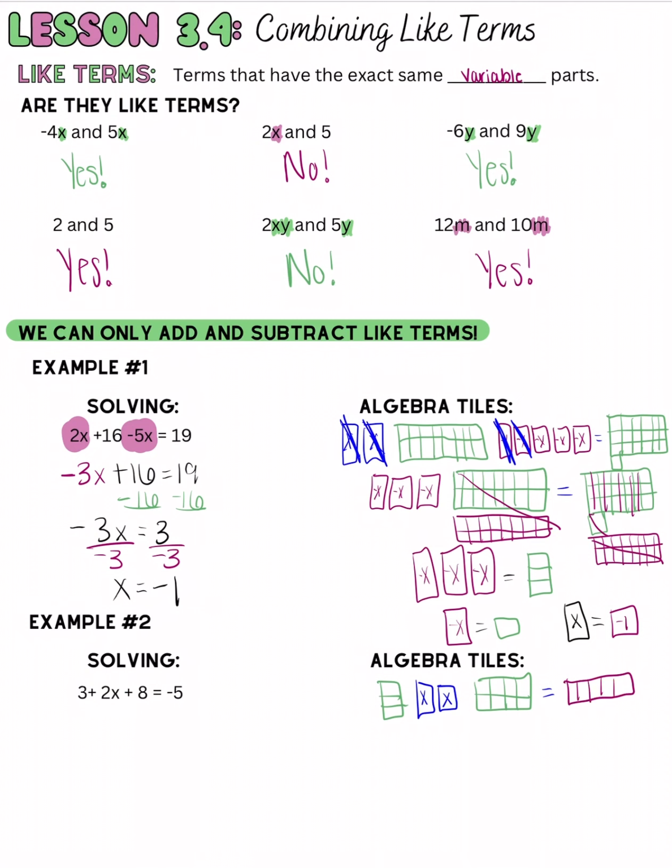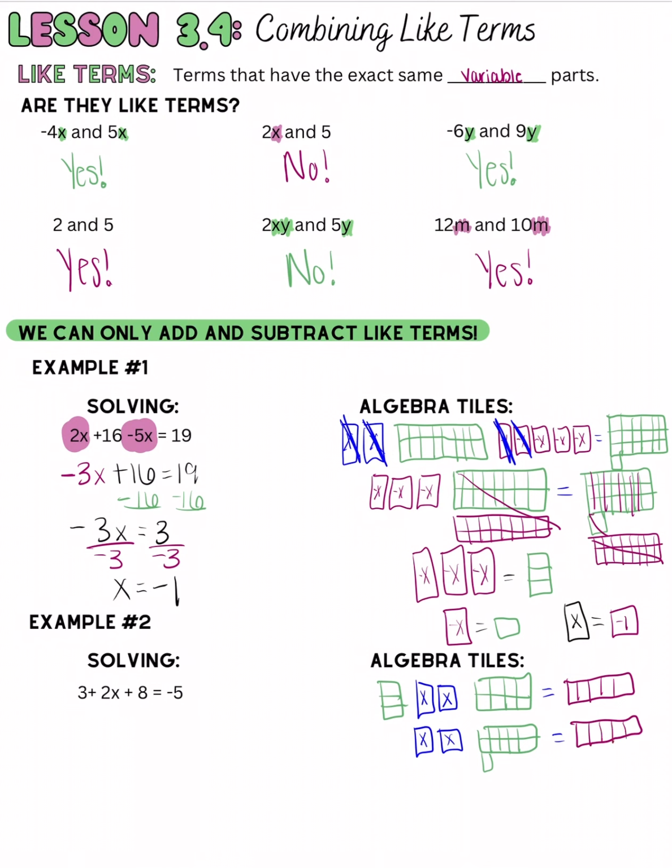If I look, I'm adding 3 and adding 8. That is the exact same thing as adding 11. So this is really 2x plus 11 is equal to negative 5.